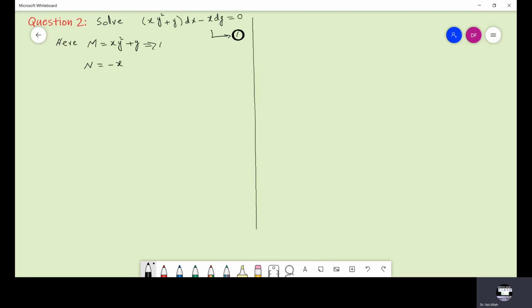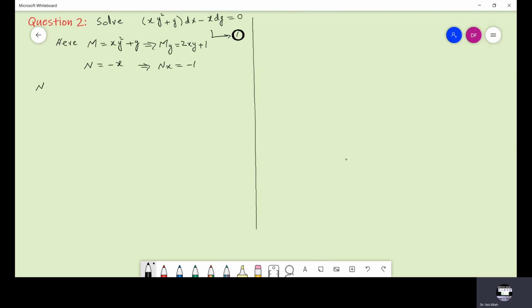Let us differentiate m partially with respect to y. We get 2xy plus 1, and let us differentiate n with respect to x. We get minus 1.